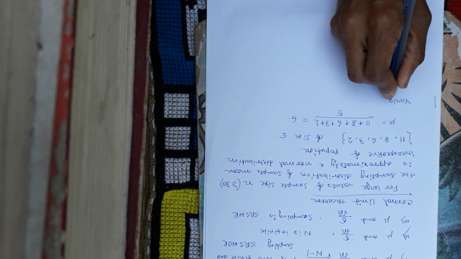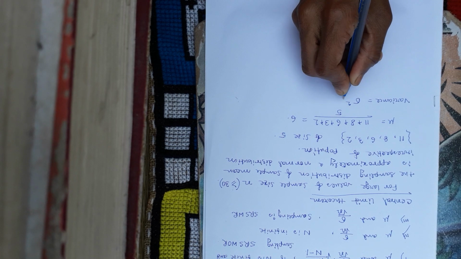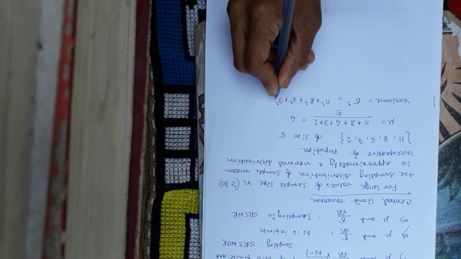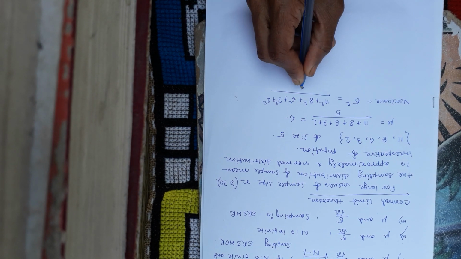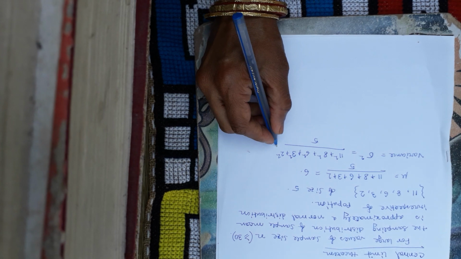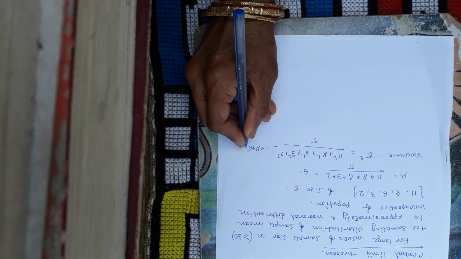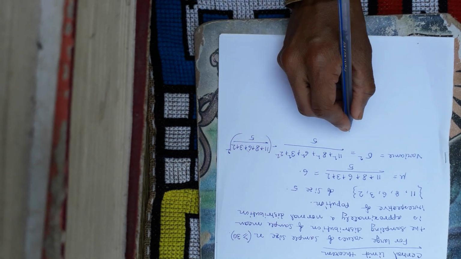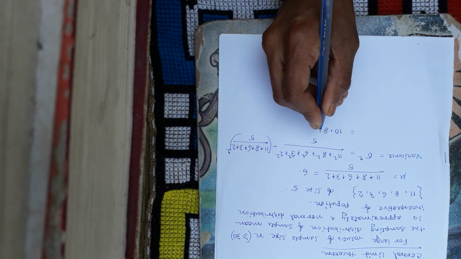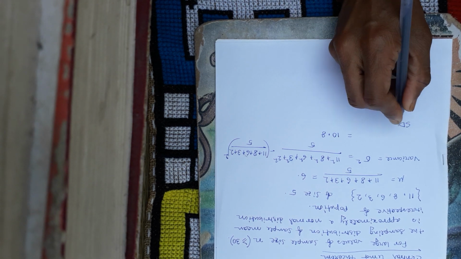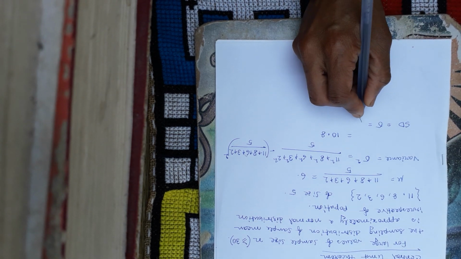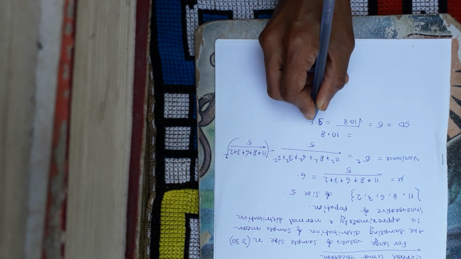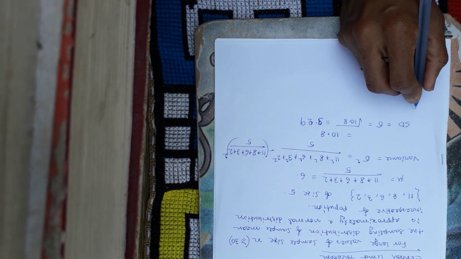The population variance sigma square is (11 square plus 8 square plus 6 square plus 3 square plus 2 square) by 5 minus ((11 plus 8 plus 6 plus 3 plus 2) by 5) whole square. From here we get 10.8, and the standard deviation sigma is root of 10.8, that is 3.29.